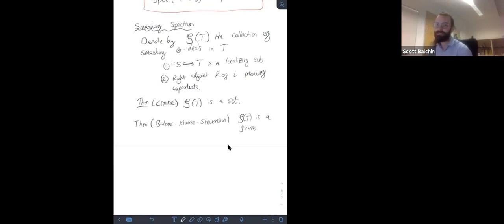All we're missing is that this frame is spatial. And this is the missing link that appears in mine and Greg's work. So myself and Greg Stevenson proved that S of t is a spatial frame under the rigidly compactly generated assumption.